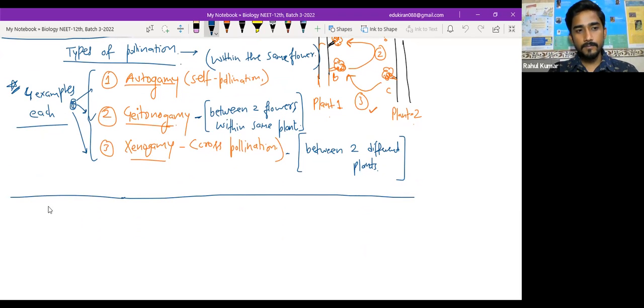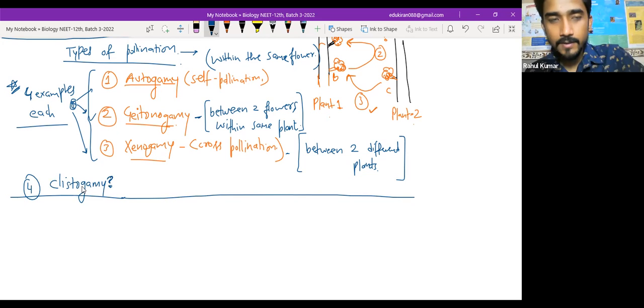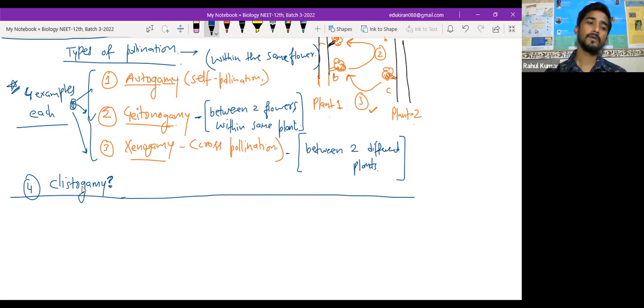Okay, write down. There is one more mode which sometimes is asked in entrances. It's called cleistogamy. Write it down. When I'm telling you assignments, make some kind of a mark or a question mark, because these are the questions that you will, after the class, go back and look at.